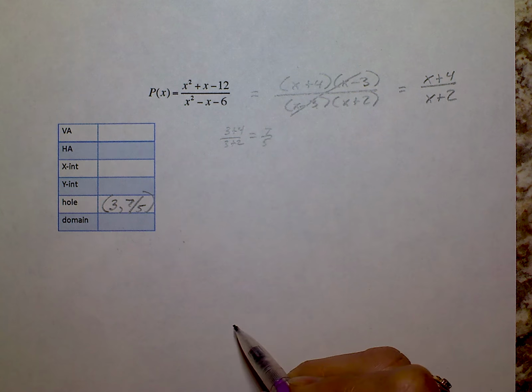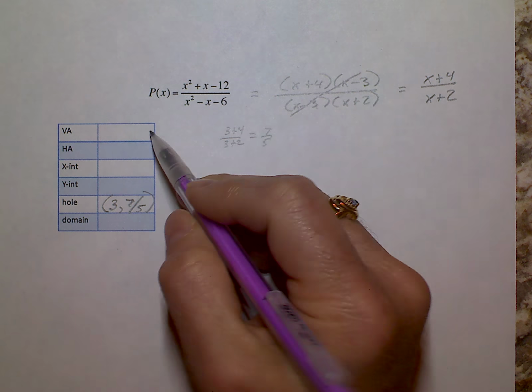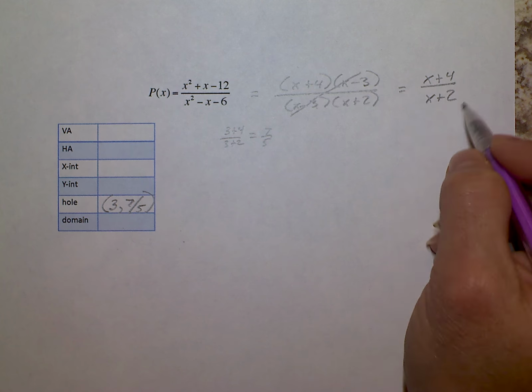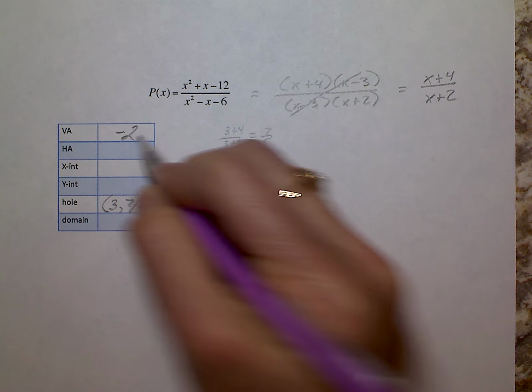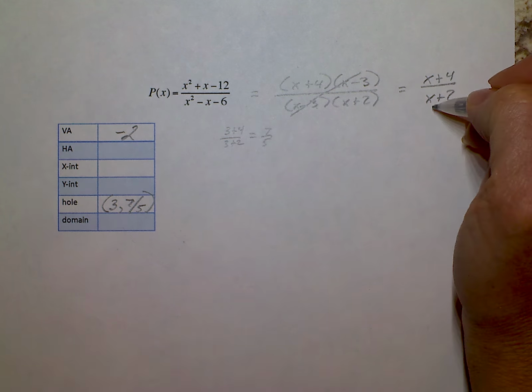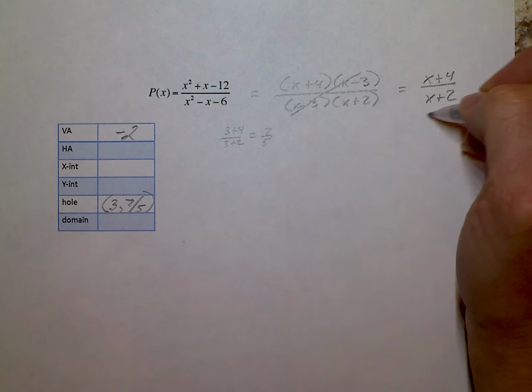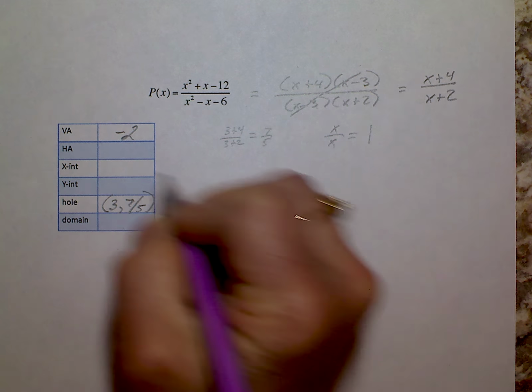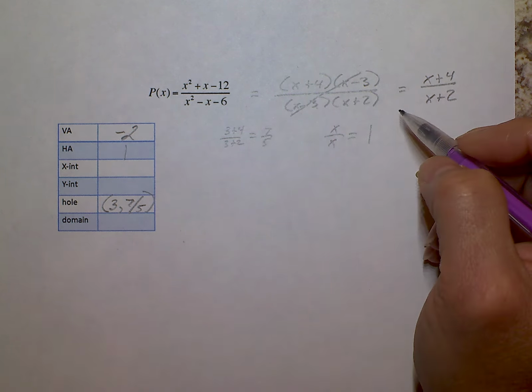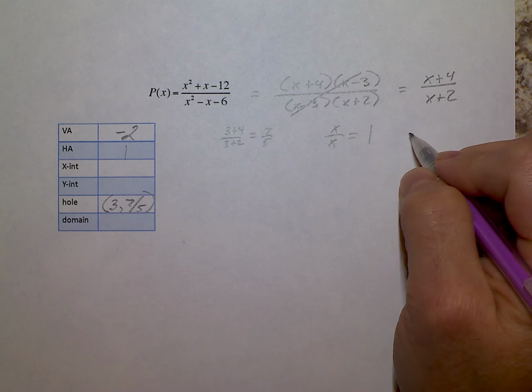Okay. Now for the vertical asymptote, I look at the denominator. What makes the denominator 0? -2. For the horizontal asymptote, I look at the first terms. X over x becomes 1. The x-intercept is where y equals 0.